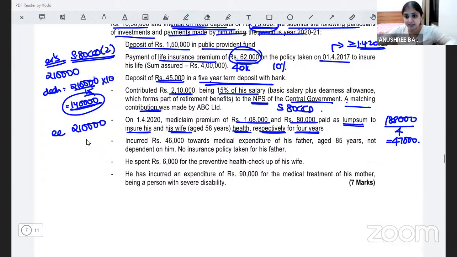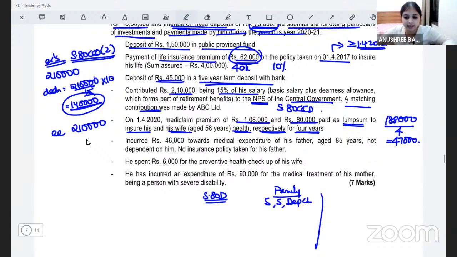Assessee was a senior citizen. If assessee is a senior citizen, limit is 50,000, we know. So for section 80D, I will divide the family into two categories. Number one, assessee and his family. Family will mean self, spouse, and dependent children.